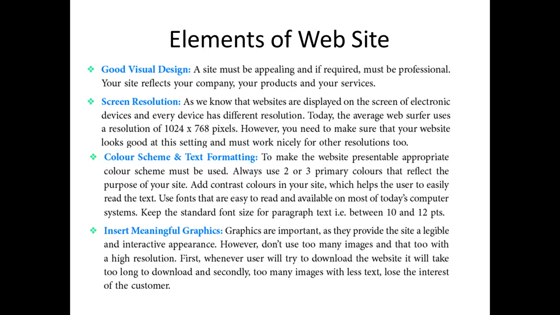For example, if the background is red and we write something on top of it, that means in the foreground, with a very light color like yellow, it is very tough for the user to read. So we have to choose the colors of our site so that the user can easily read the text and easily relate with it.